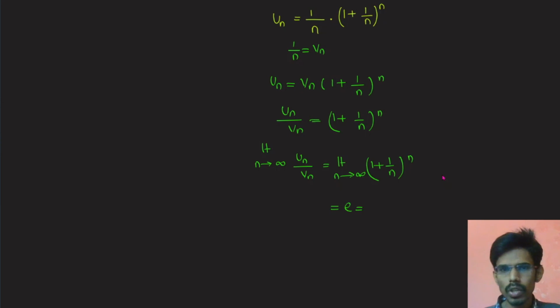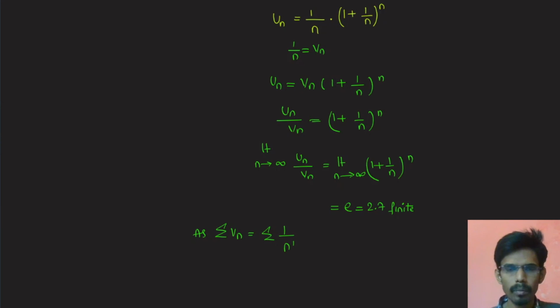The value of e is around 2 point something, so this value is greater than 1. So we can say this ratio is a finite number. Whenever the ratio is finite, we see sigma Vn is equal to sigma 1 by n power 1.